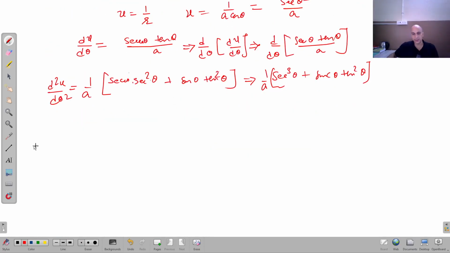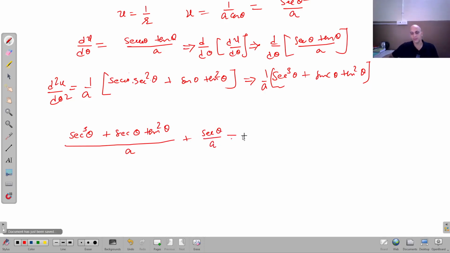So what will I get? d square u upon d theta square means secant cube theta plus secant theta tan square theta upon a, plus u, which means secant theta upon a, is equal to minus mu upon L square. What is there?